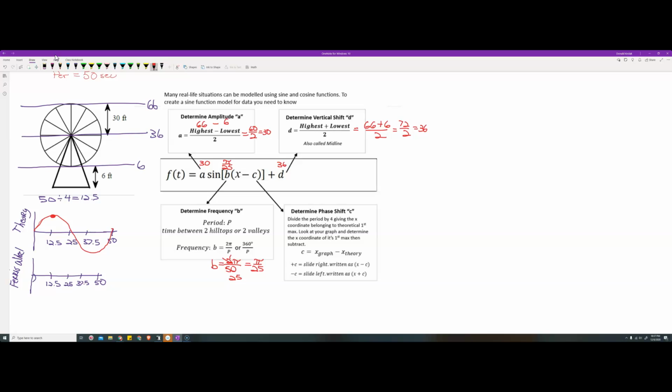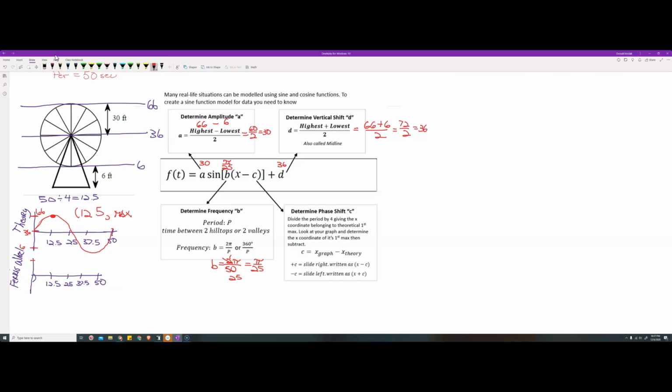So its first max happens at 12 and a half seconds. Okay, and that would be 66 feet. The midline is 36 feet, and the low point is 6 feet.